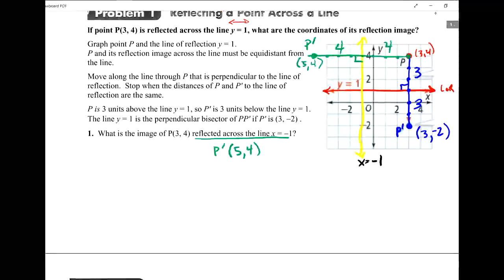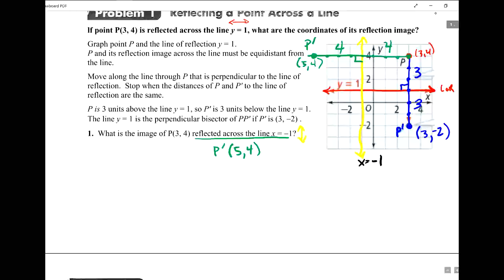All right, this was pretty straightforward. We want to know what is the image of P at 3, 4, so that's our original point up there, reflected across the line x equals negative 1. So we know that x equals negative 1 is an up and down line, right here, the yellow line, that crosses the x-axis at negative 1.